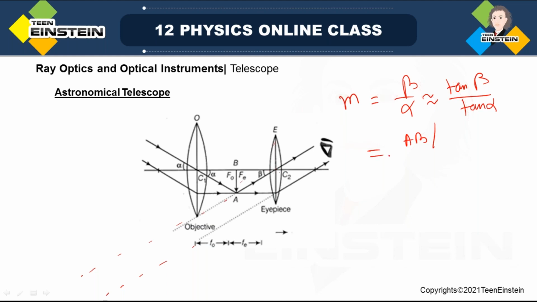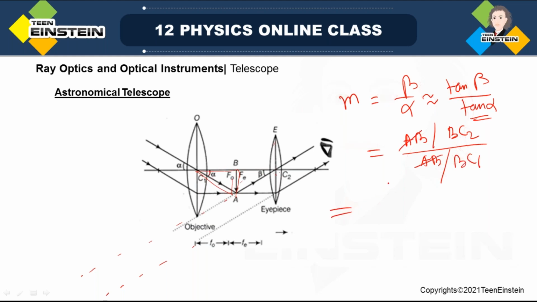I can just take this as C2, so BC2, and this is the tan alpha. This triangle I can take. Look here also, I will be taking AB by base, which will be BC1.